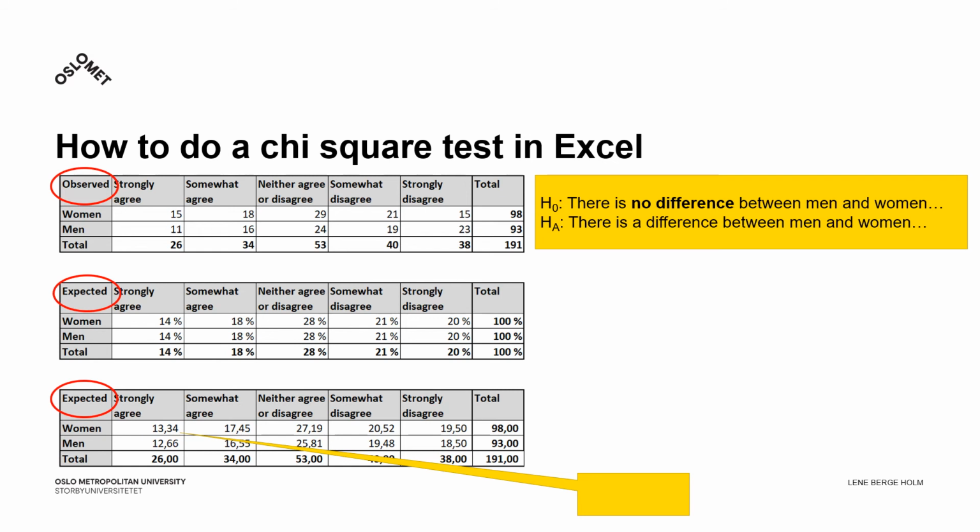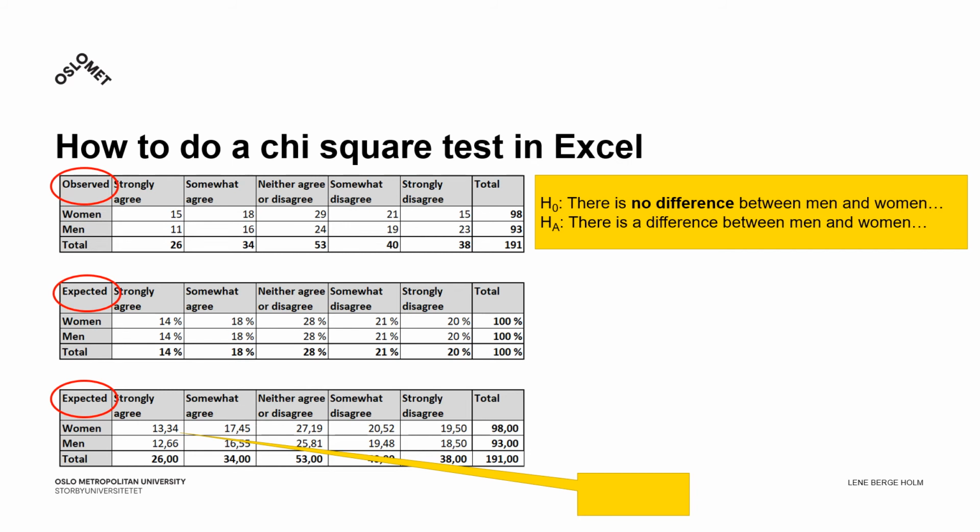And you can see that we have 98 women in total in the group and 93 men. So we have fewer people in the men group.